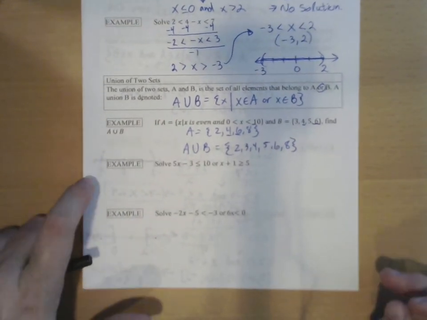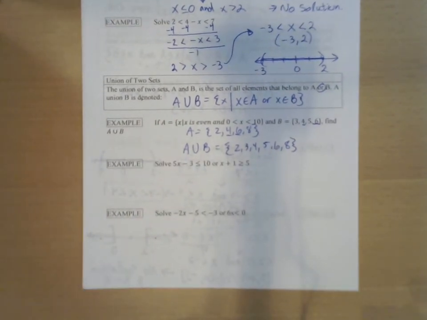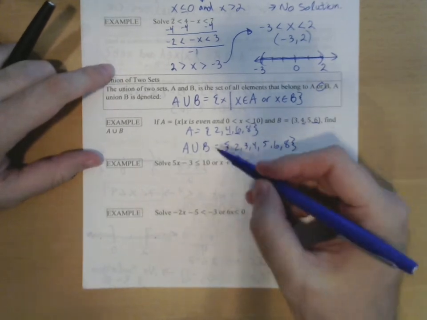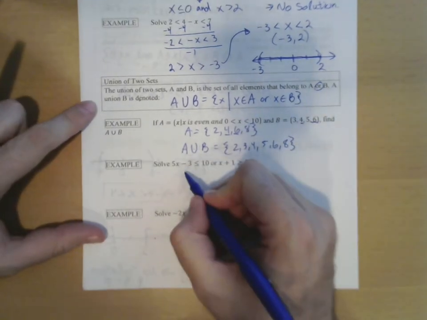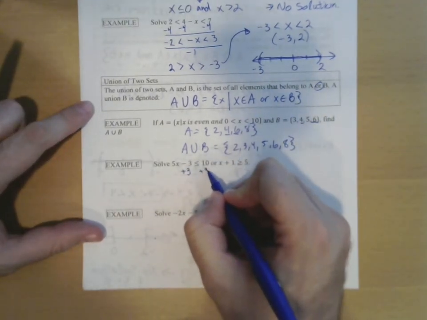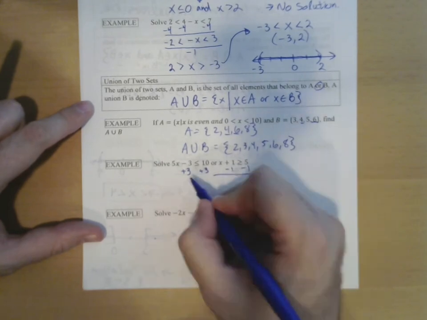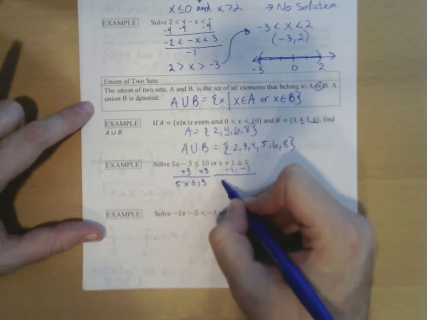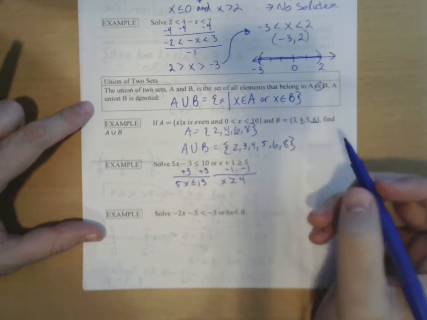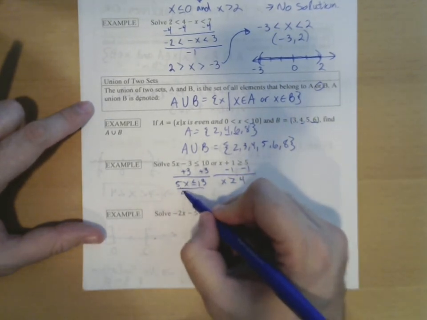So when we solve compound inequalities with OR, these are the things that have unions in them. So solve 5x minus 3 is less than or equal to 10, or x plus 1 is greater than or equal to 5. We just solve them individually first. So add 3 here, subtract 1 on this one. So we're going to get 5x is less than or equal to 13, x is greater than or equal to 4. Divide everything by 5.